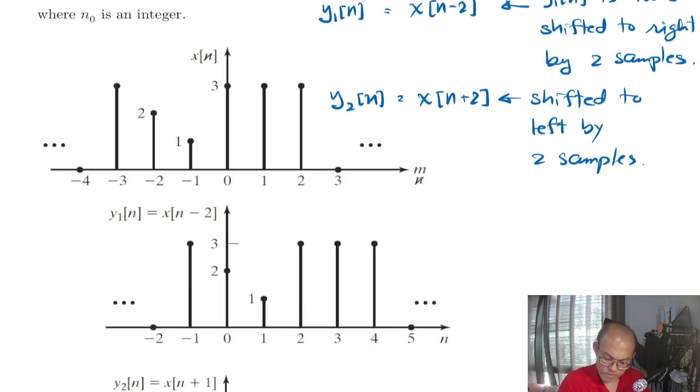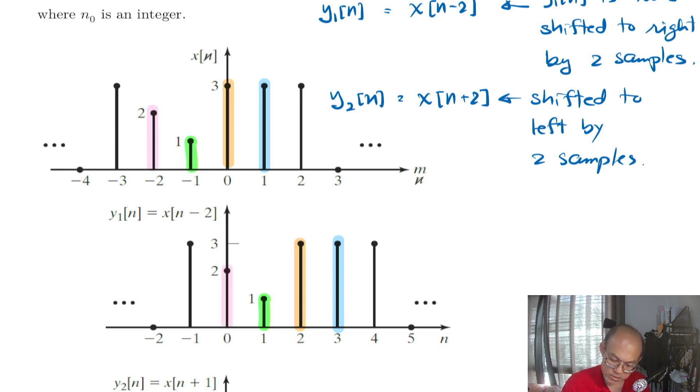Here, if we start with this one and we have x of n minus 2, then this brown sample goes 2 samples to the right. The blue sample goes 2 samples to the right. The green sample goes 2 samples to the right. The pink sample goes 2 samples to the right.